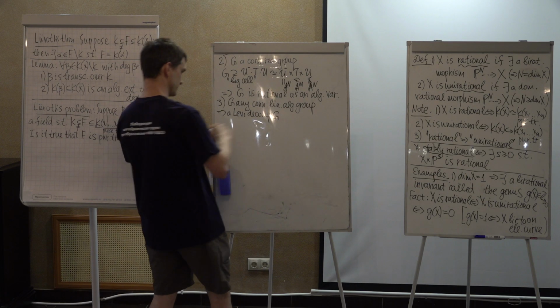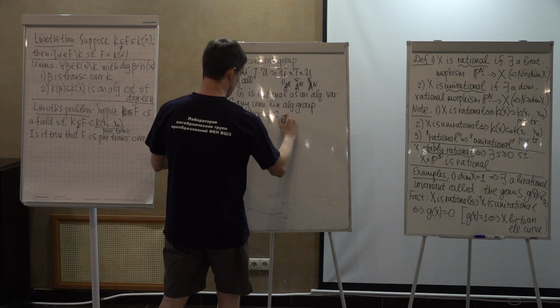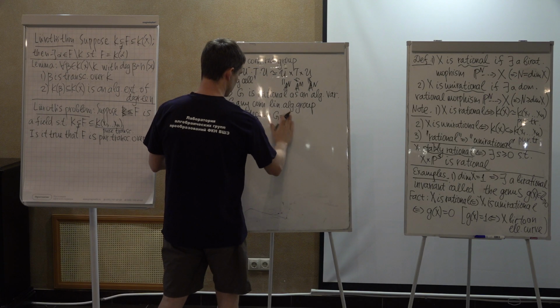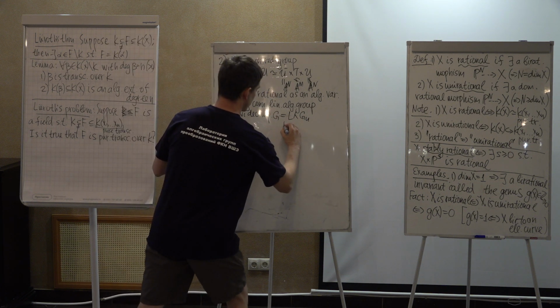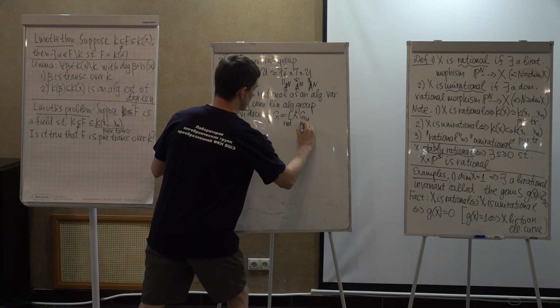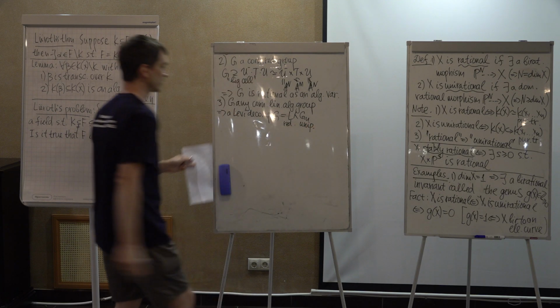So G can be decomposed into a semi-direct product of L, which will be reductive, and U, which will be unipotent, right?